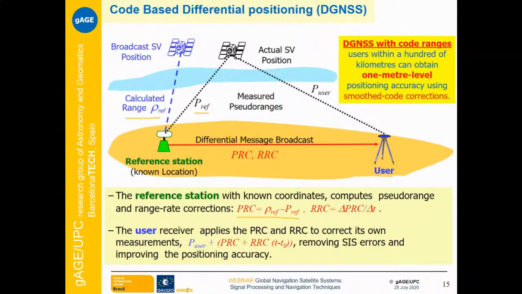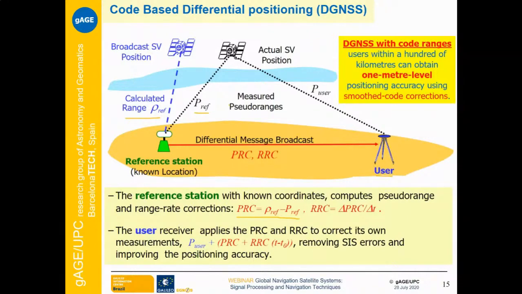That is the difference between the pseudorange that we are measuring and the range that we are computing. And this takes into account that there are errors.